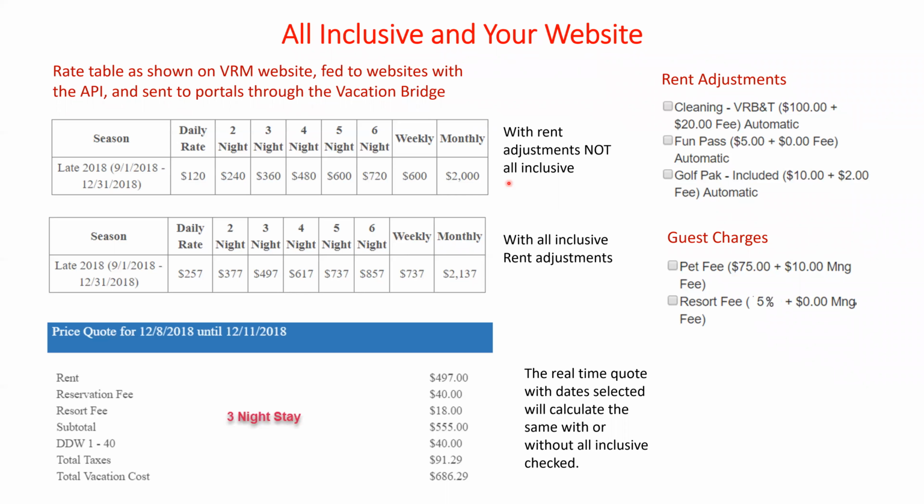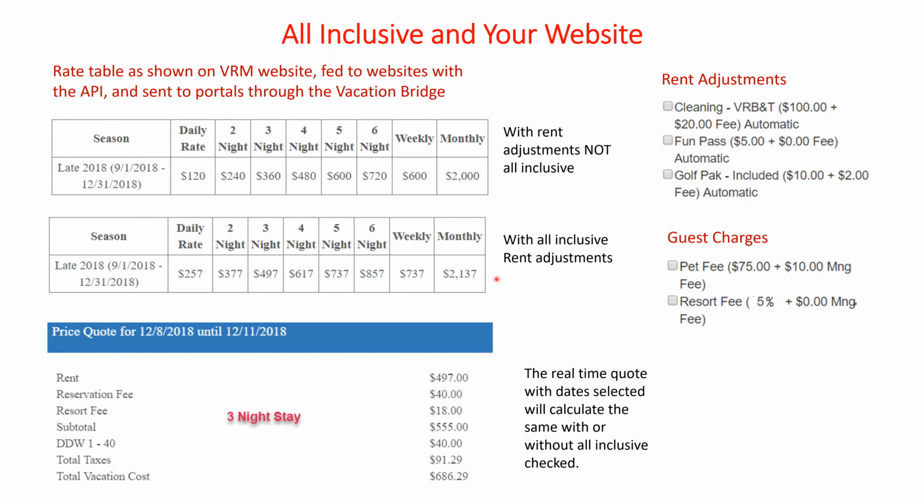I'm not sure which is which, and you need to check with your channel partner to see which one they're doing if you're going to make changes in order to make your rates correct on Airbnb. So this rate table is what we are sending to Airbnb.